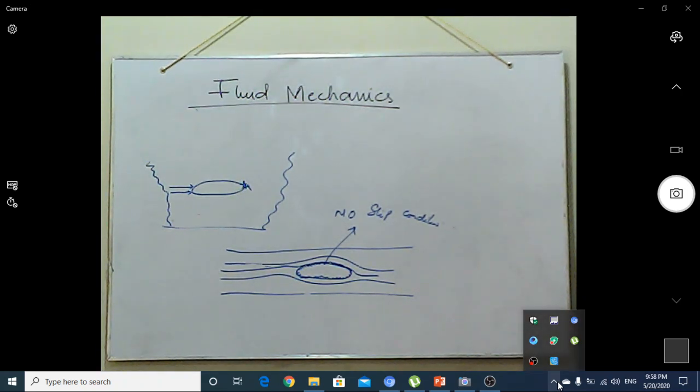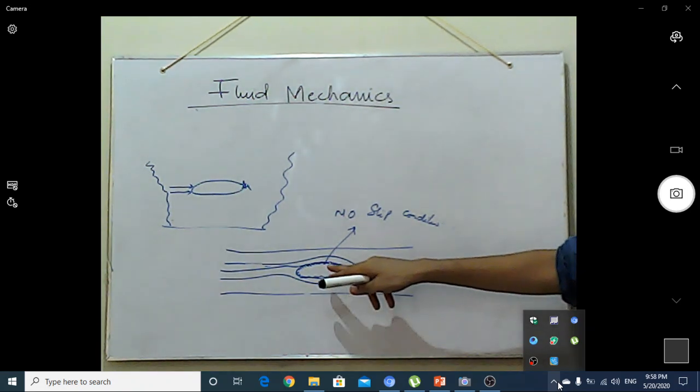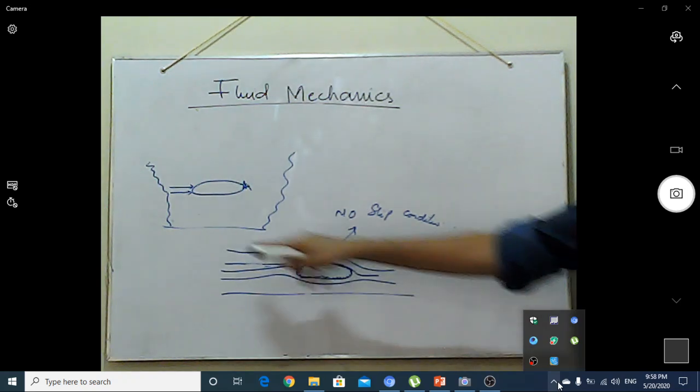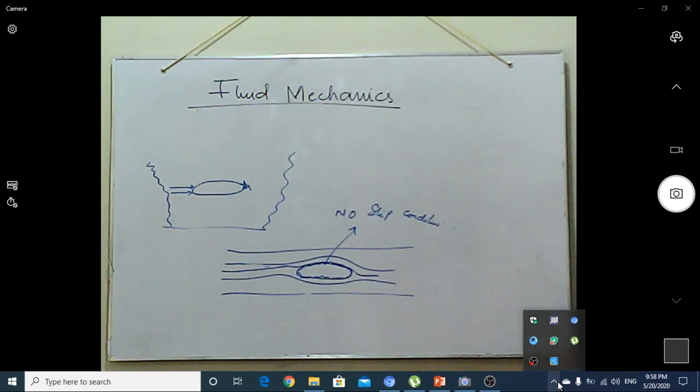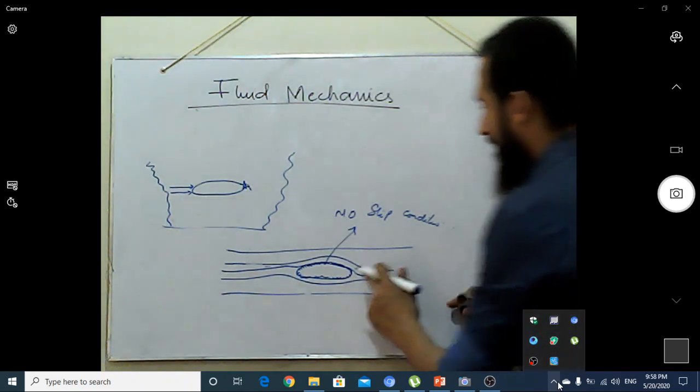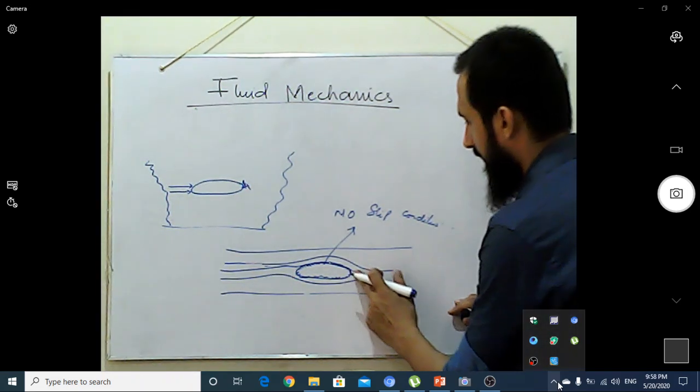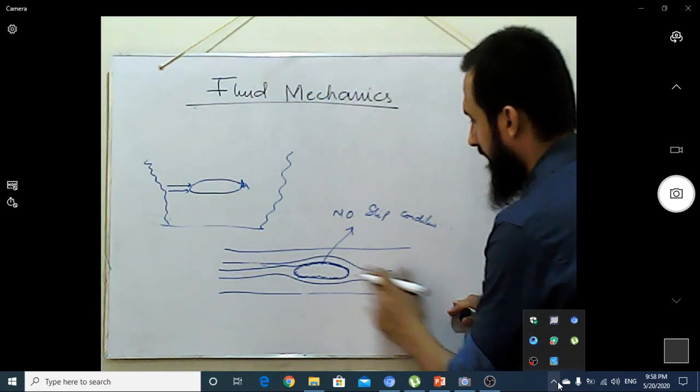But let's suppose the velocity of the water increases, or the solid submarine which is moving in the forward direction increases its velocity. So what happens? After a certain point, this phenomenon does not occur in that manner.